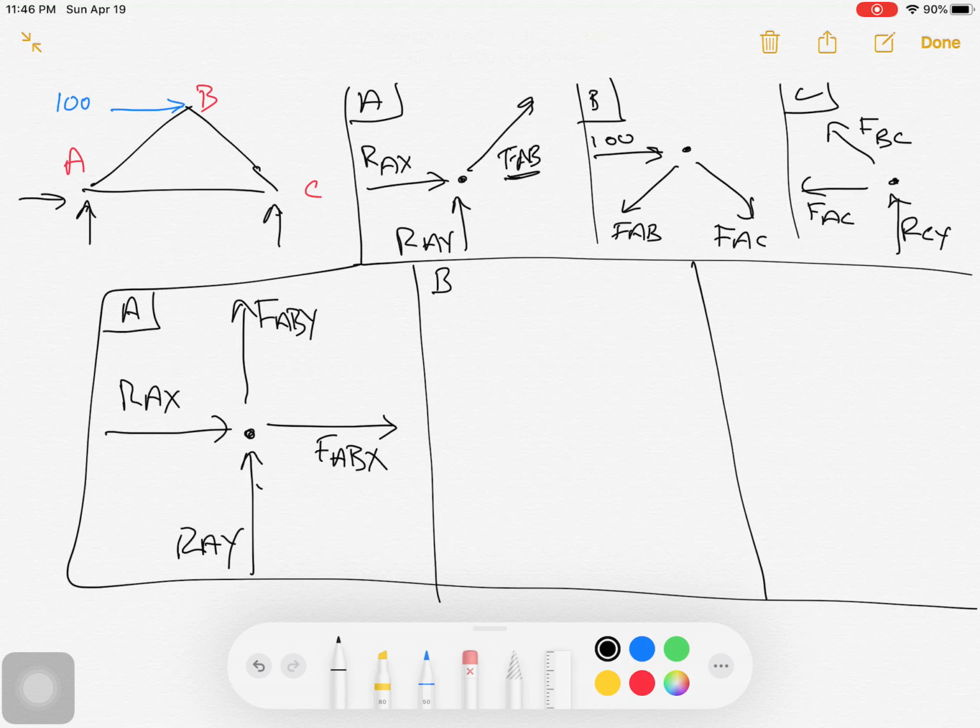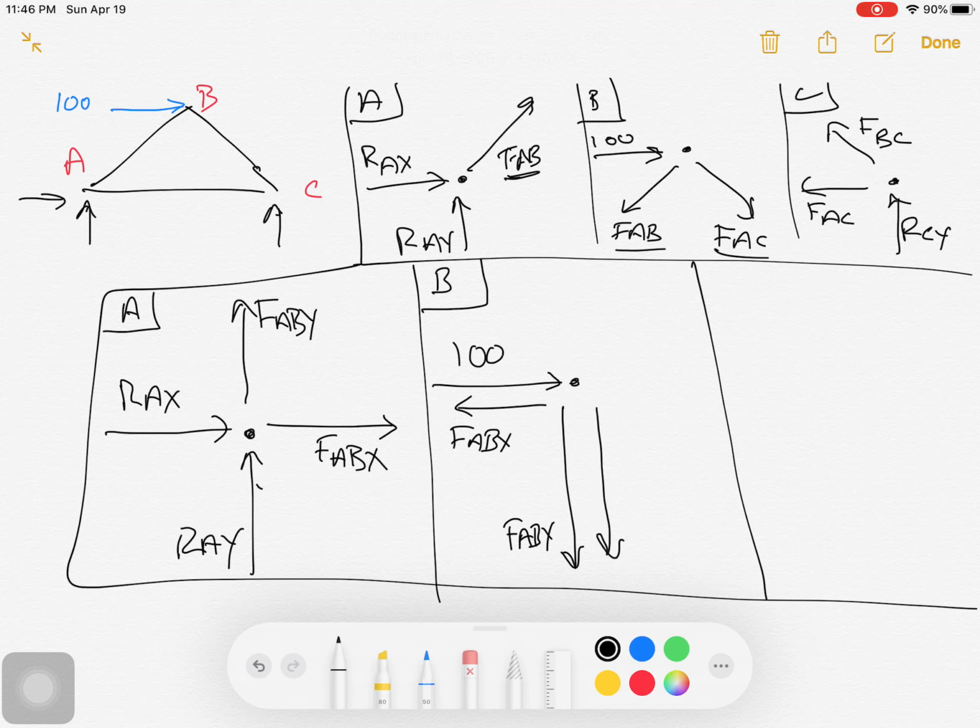We're going to do the same thing with B. The 100 was entirely horizontal, so it's not going to change. We have force AB that needs broken down, so we're going to call that force ABY and force ABX, and force AC needs broken down too, so force ACY and force ACX.